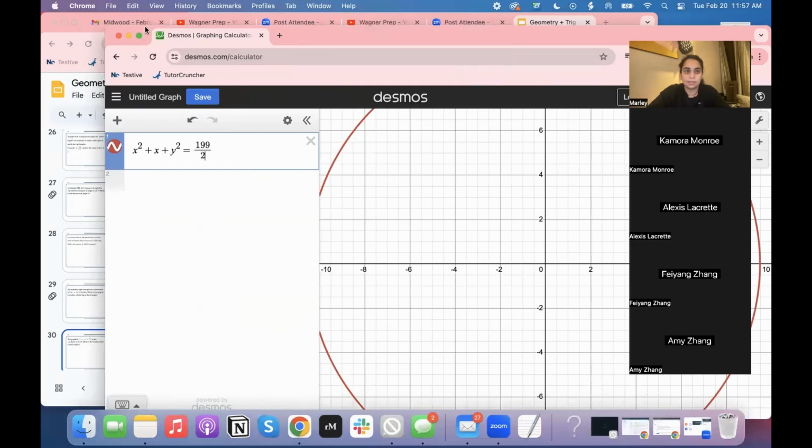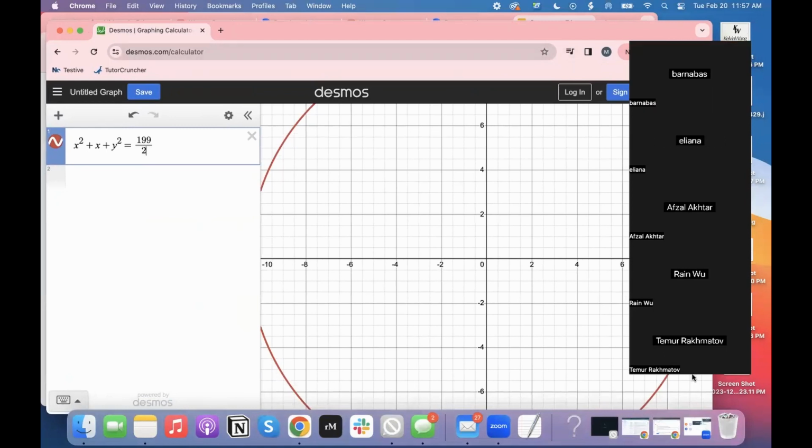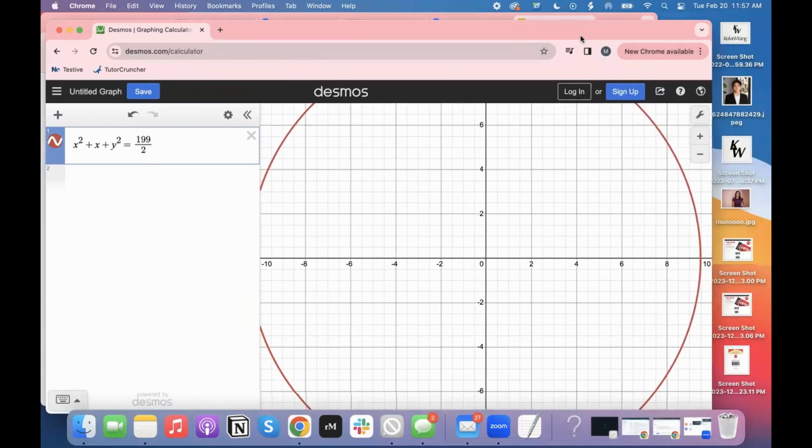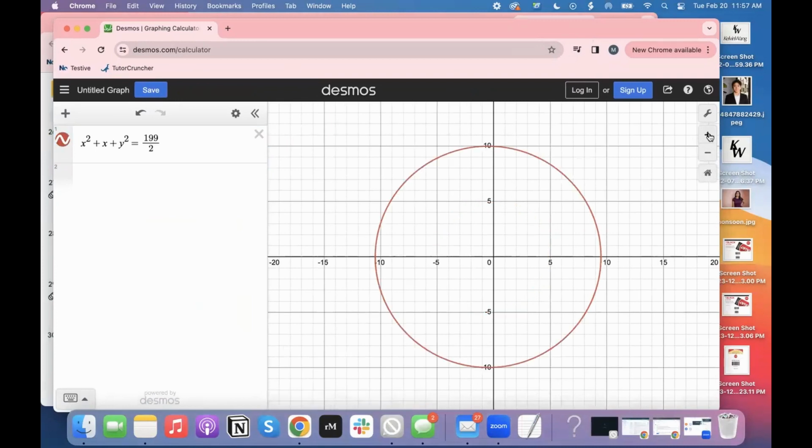Sorry, it's hard to see with zoom on my screen. So this is the circle. The center is... you would have to complete the square to see it.